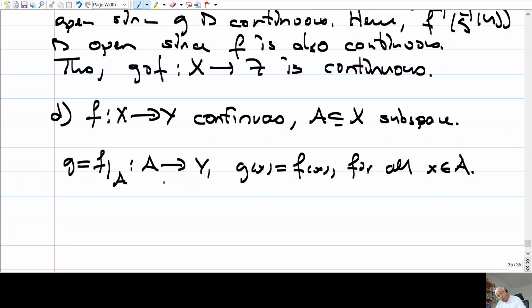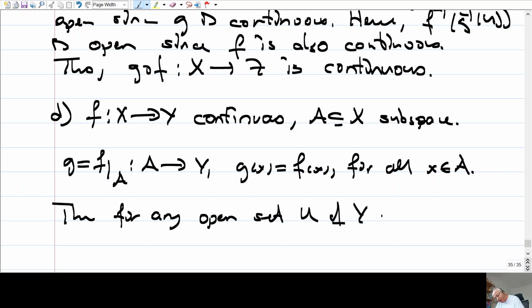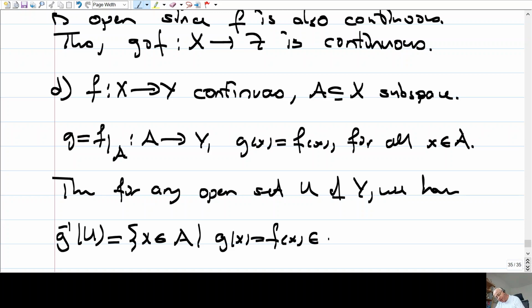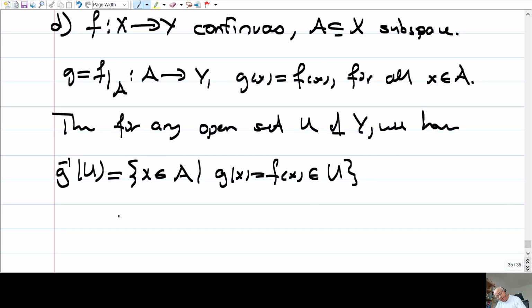So what is G inverse of U? Then for any open set U of Y, we have what? G inverse of U is nothing but all elements in A such that G of x, which is equal to F of x, is in U. So what is this then?